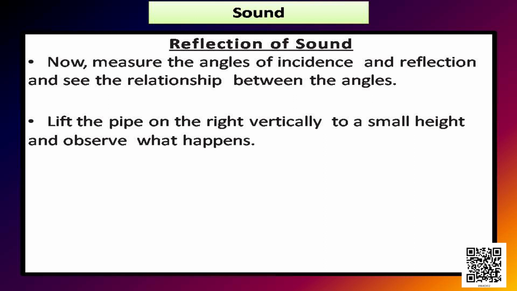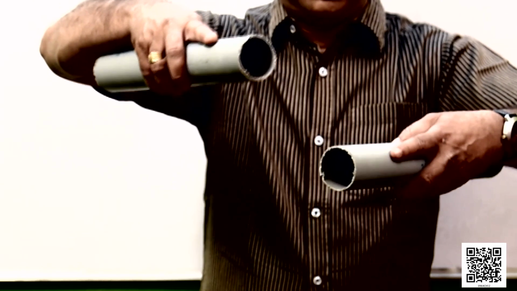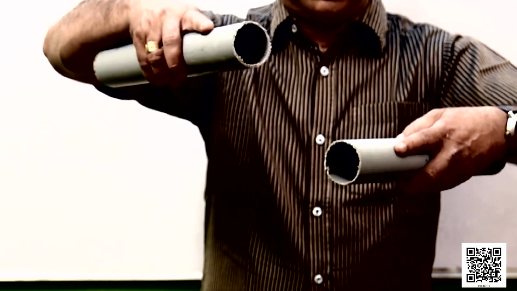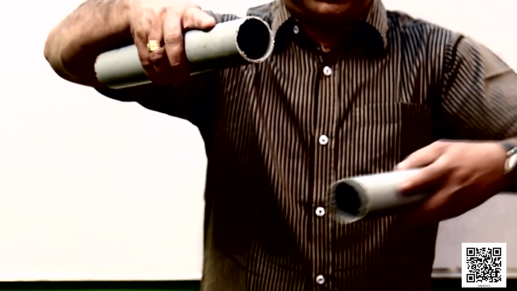Okay? Students, you can clearly observe after measurement that the angle of incidence is equal to angle of reflection of the sound. Now, if the pipe on right is lifted for a smaller height, what will happen? The sound cannot go through the pipe. Why?